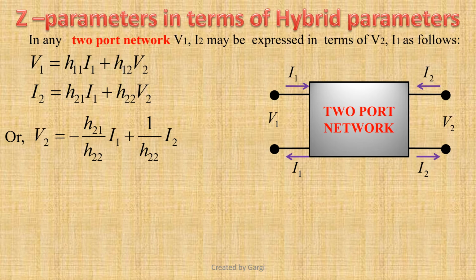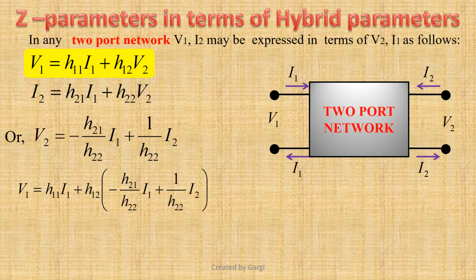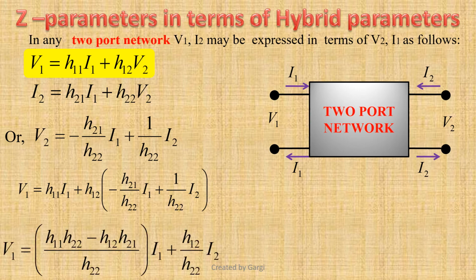By using this expression in equation number 1, we can write V1 equals H11 I1 plus H12 into minus H21 by H22 times I1 plus 1 upon H22 times I2, or we can write V1 equals H11 H22 minus H12 H21 divided by H22 times I1 plus H12 divided by H22 times I2.